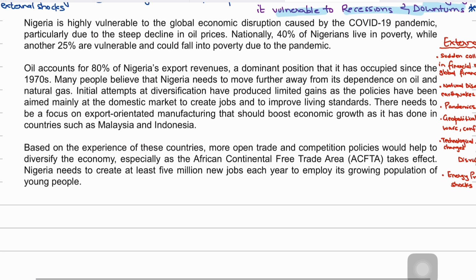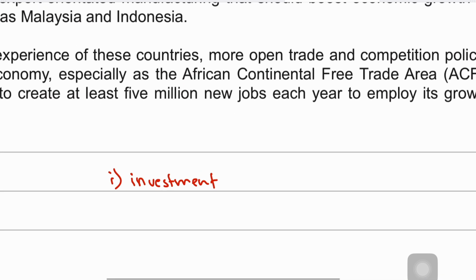You could talk about investment in infrastructure, and investment in infrastructure can help diversify the Nigerian economy, because development and improvement of infrastructure such as transportation, communication networks, and energy systems, all these three would help attract investments from abroad.